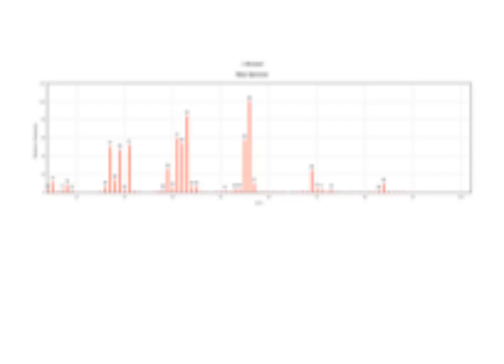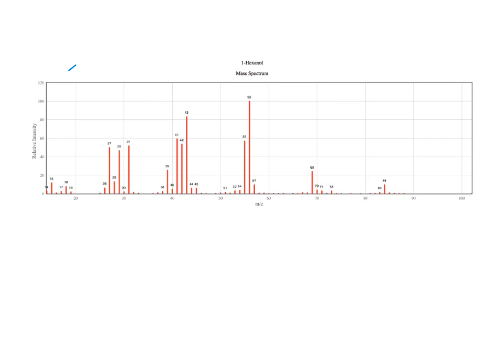All right, this is just 1-hexanol. It has a mass of 102. So you're not really seeing it out there. Can you guys read these at all, or do you have it?